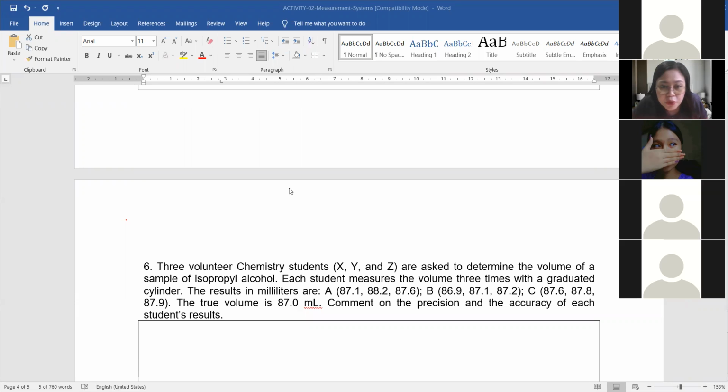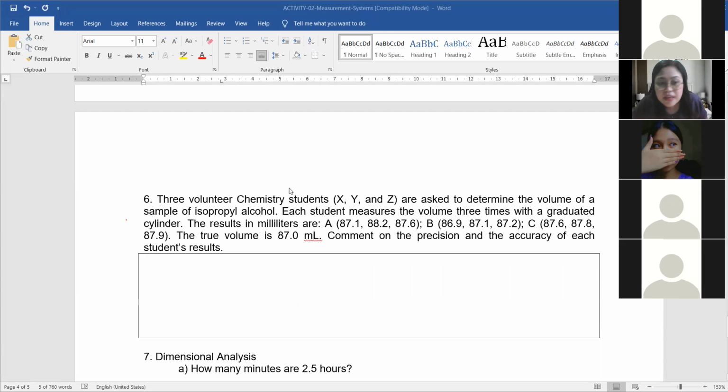And also number 6. Number 6 is about precision and accuracy. So another research thing na himuon is to look at the definition of precision and accuracy, differentiate the two, and apply what you have researched for number 6 na problem.